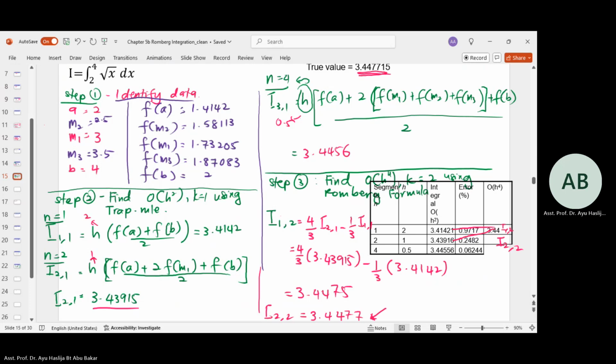For I23, level 3, there is a different formula. Any questions so far?